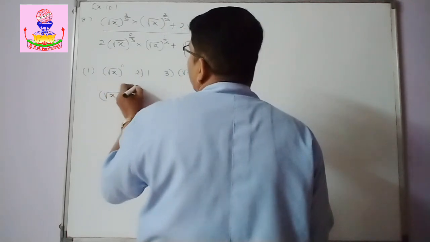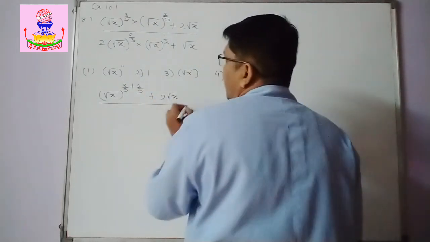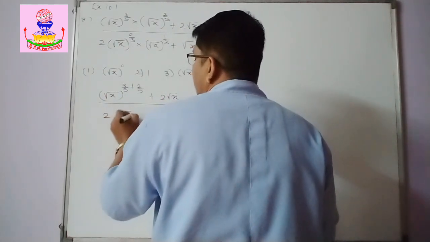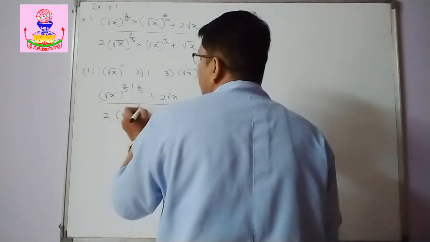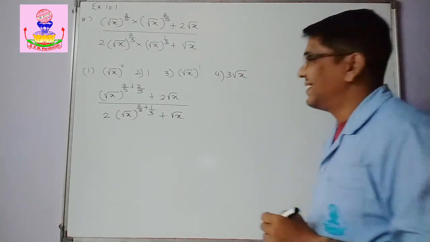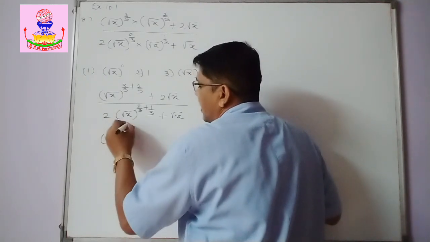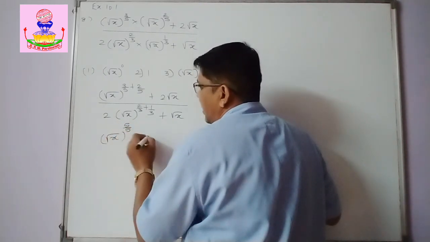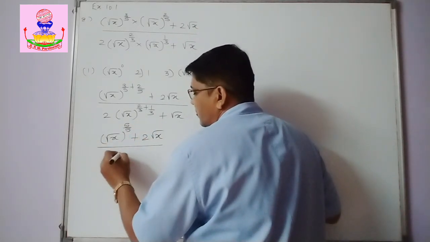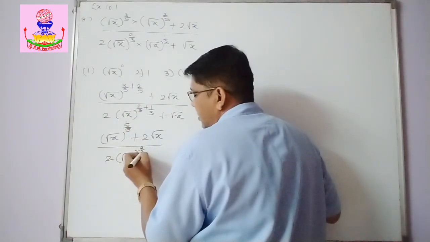So 3 upon 5 plus 2 upon 5, plus 2 root x upon 2 root of x raised to 2 upon 3 plus 1 upon 3, plus root x. Now 3 upon 5 plus 2 upon 5 is 5 upon 5, so root of x raised to 5 upon 5, and 2 upon 3 plus 1 upon 3 is 3 upon 3.